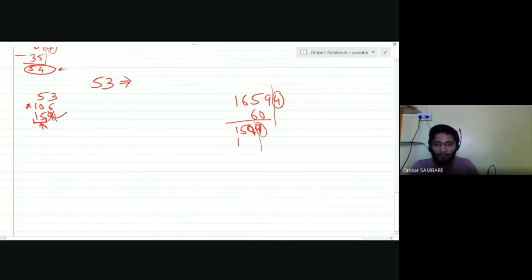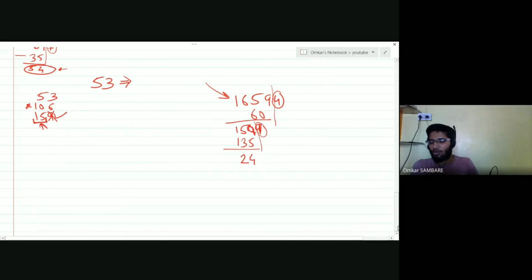So subtract it from the remaining number and let's see whether this subtraction is divisible by 53 or not. So the subtraction is coming 24 and it is not even in the table of 53. So we can say that this number 16,594 is not divisible by 53.